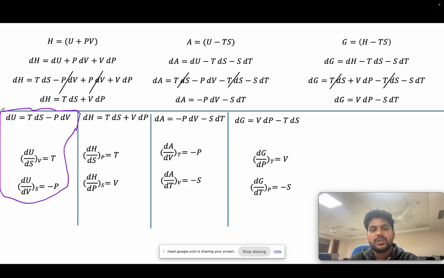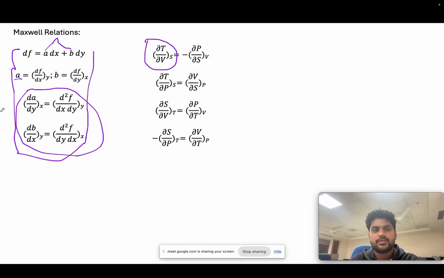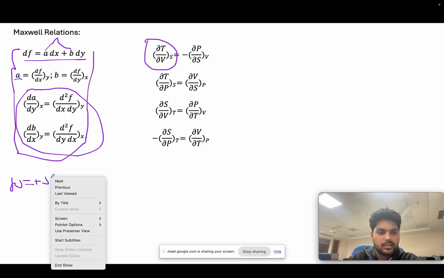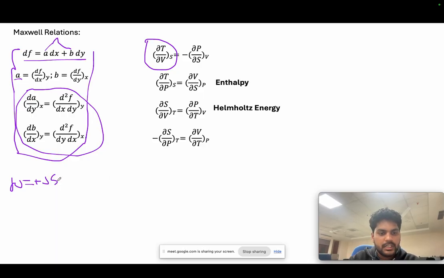If you take dU equal to T dS minus P dV as a function of df equal to a dx plus b dy, so now we have, sorry if I am not wrong, dU equal to T dS minus P dV.